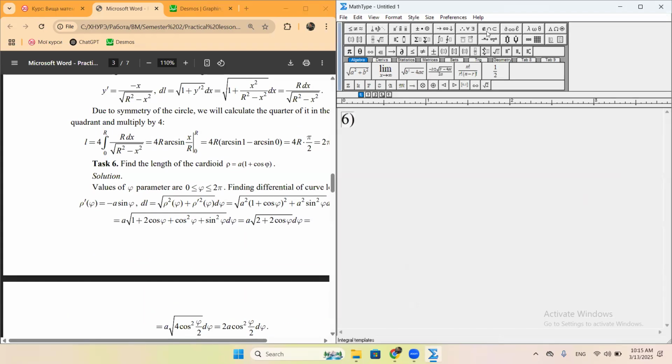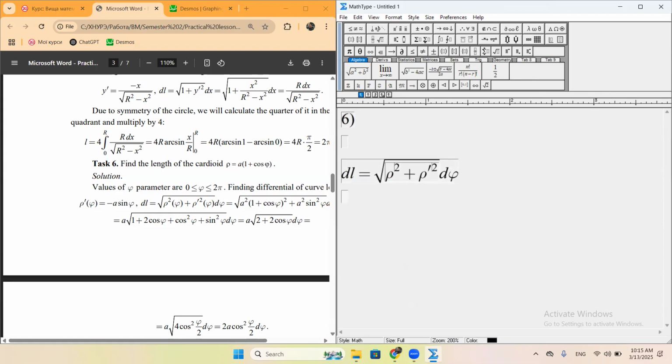So how to find the differential of the length of the curve for polar coordinates? It looks like this: square root of rho square plus rho prime square, d phi.